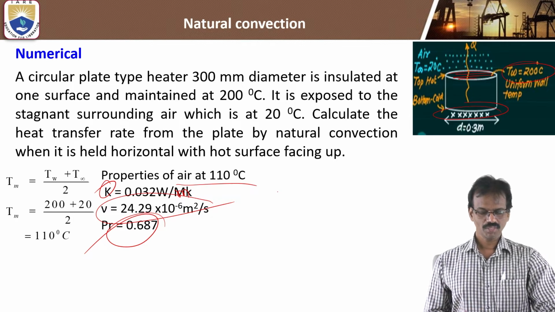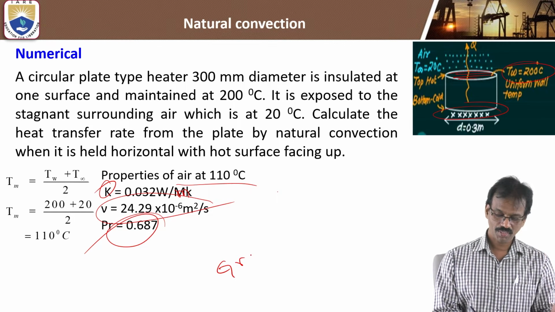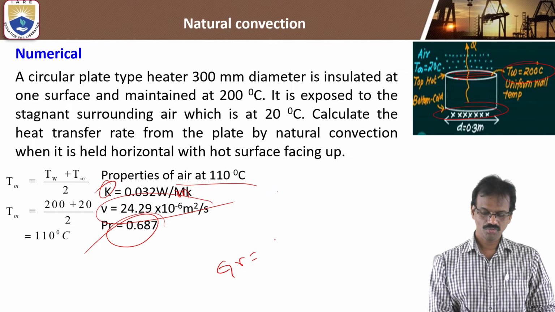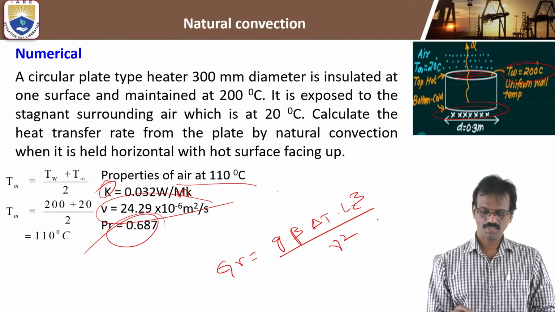Then you can find out the Grashof number. You know the formula of Grashof number: Gr is equal to g, acceleration due to gravity, and beta into delta T into Lc cube by nu square.